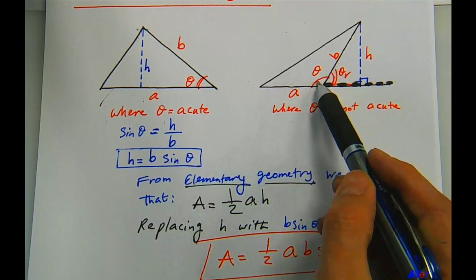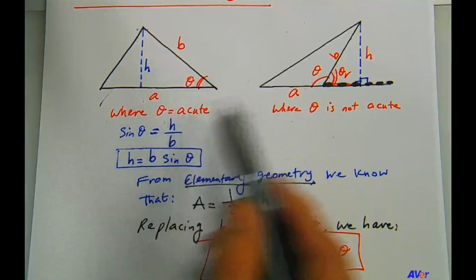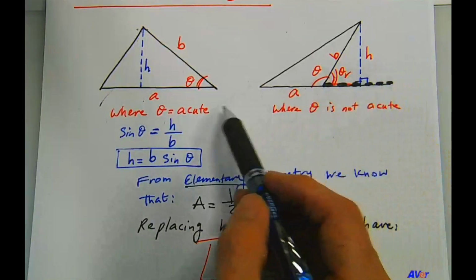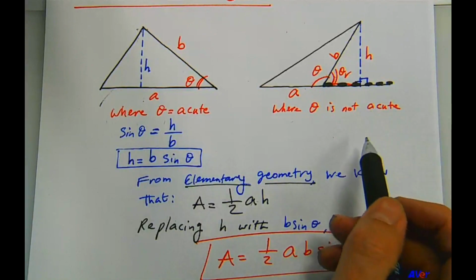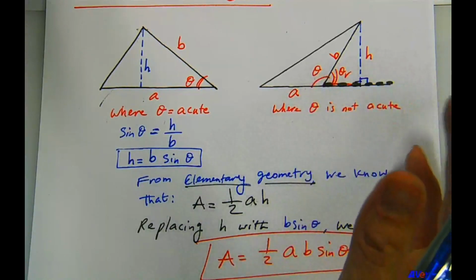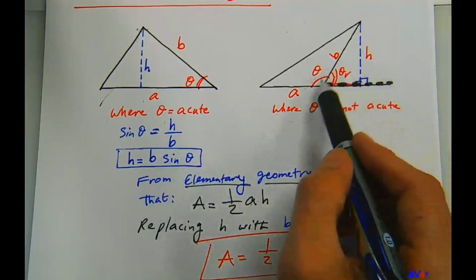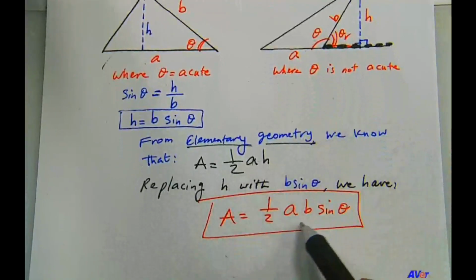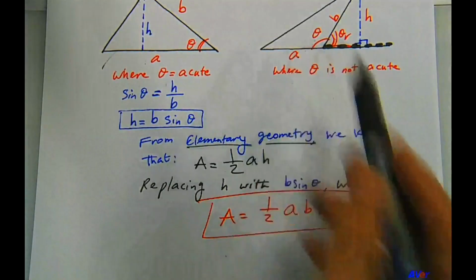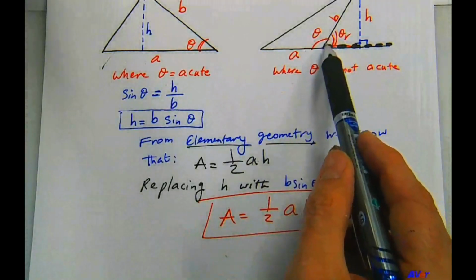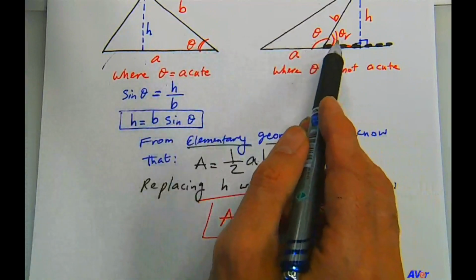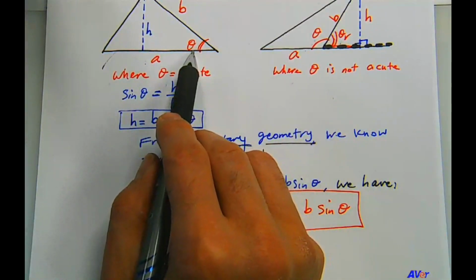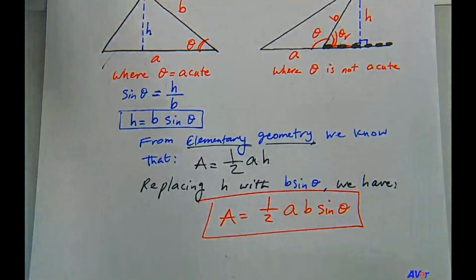So whether theta is acute or obtuse, larger than 90 degrees, this formula still applies, because theta would be either the reference angle or the actual angle. So either way, it would be fine.